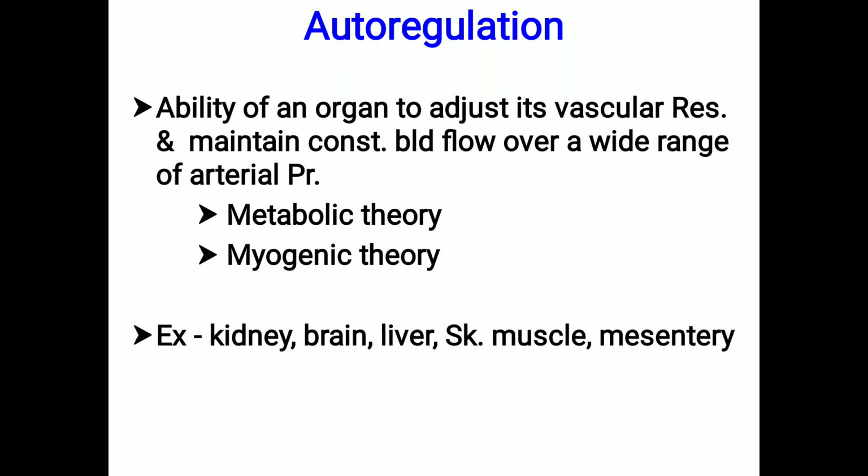Autoregulation is an internal adaptive mechanism of tissues to regulate their own blood flow in spite of marked change in the blood pressure. So basically, for regulation of blood flow, neural regulation is there, humoral regulation is there, and the third is autoregulation. So this ends the topic.